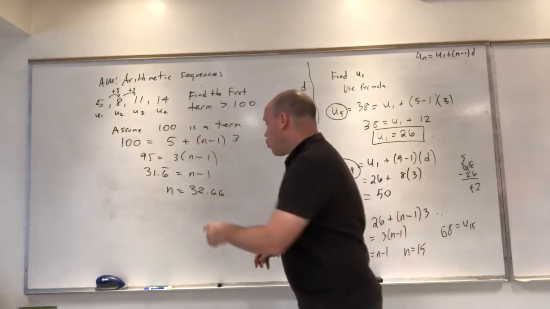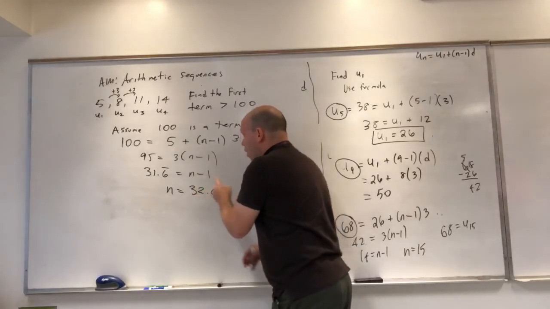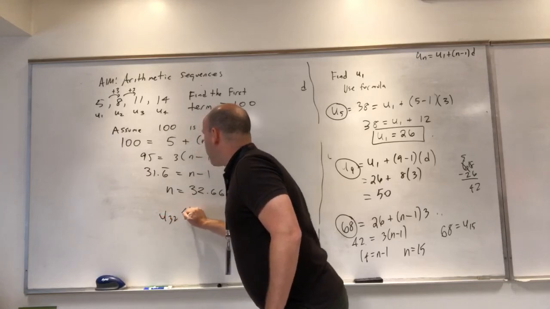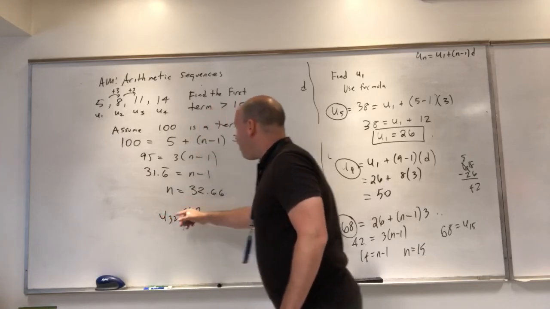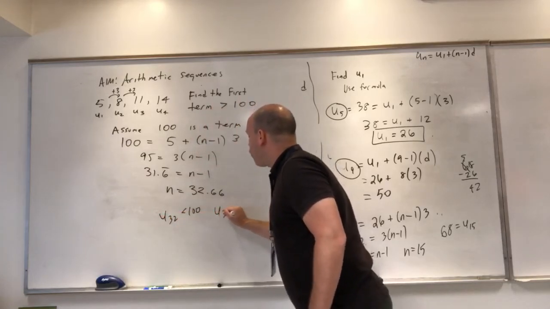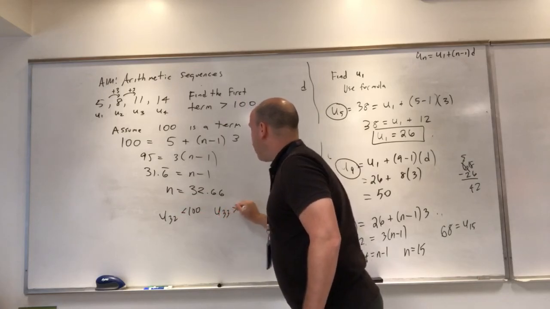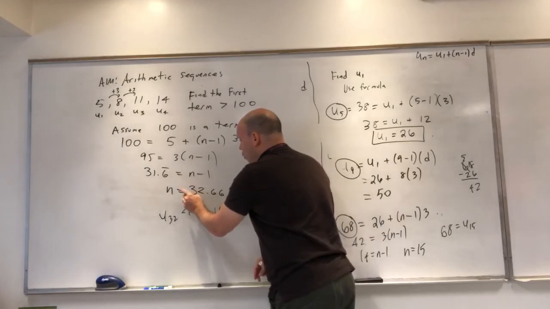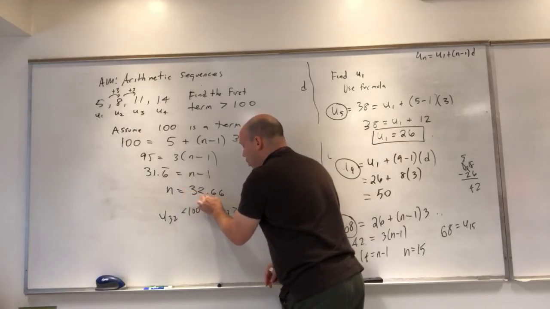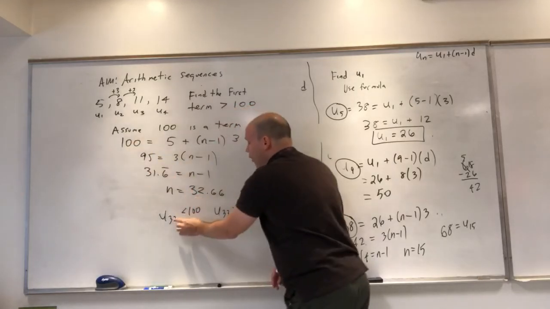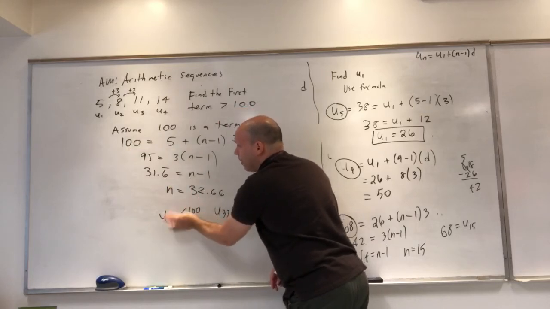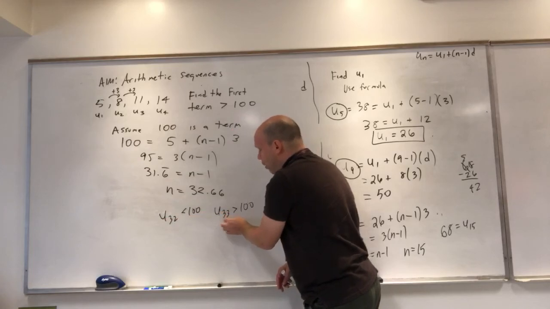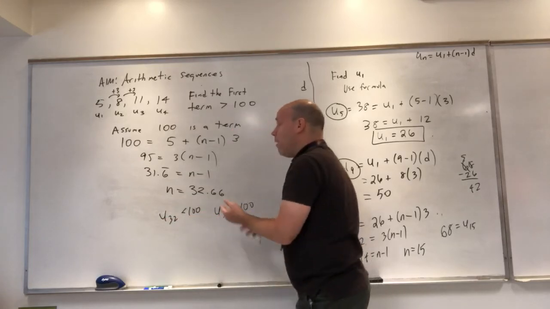And the way I want you to interpret this number is, I know that u of 32 is less than 100, and therefore u of 33 is greater than 100. Once again, u of the 32.66 term is 100, which means the 32nd term is a little bit to the left on the number line, and the 33rd term is a little bit to the right.